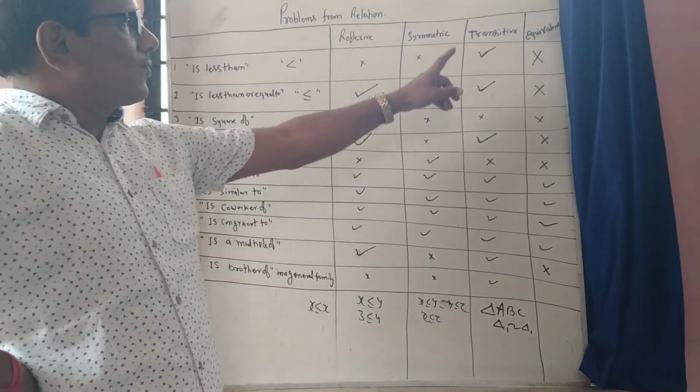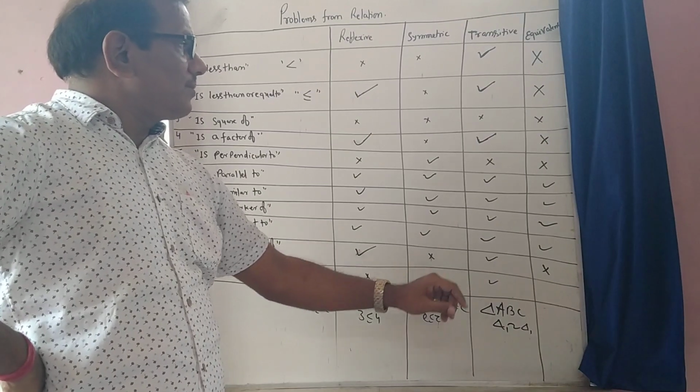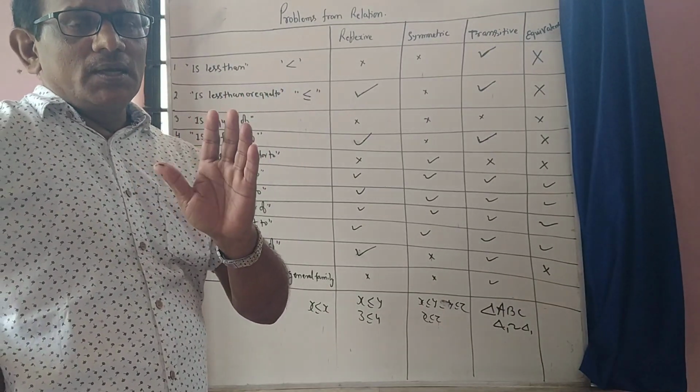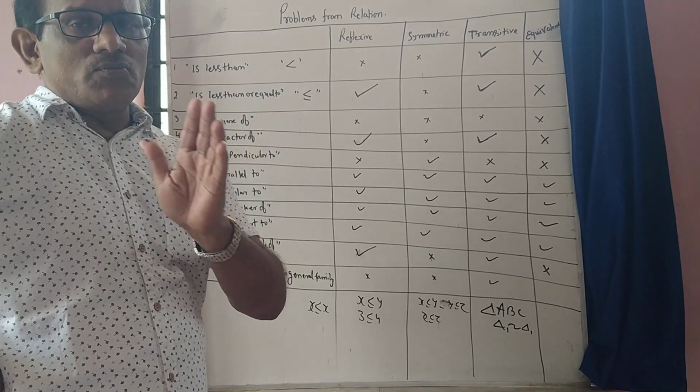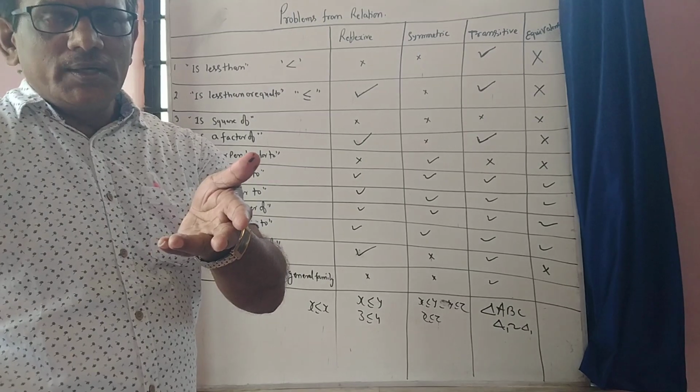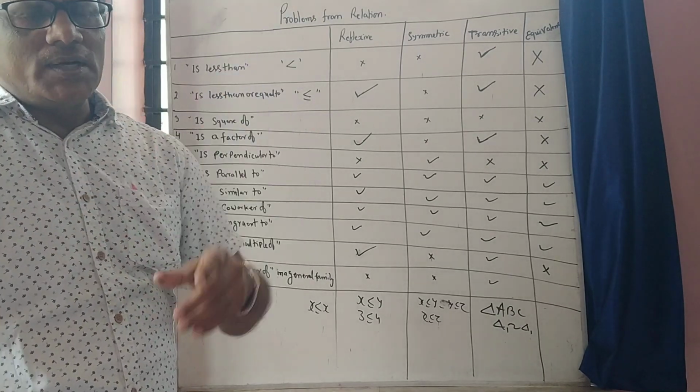Coming to transitive relation. What is transitive? If X, Y, Z are three persons such that X is a brother of Y, Y is a brother of Z, then X will be a brother of Z also. It is true in a general family also.